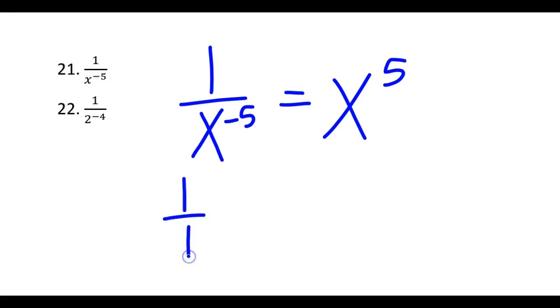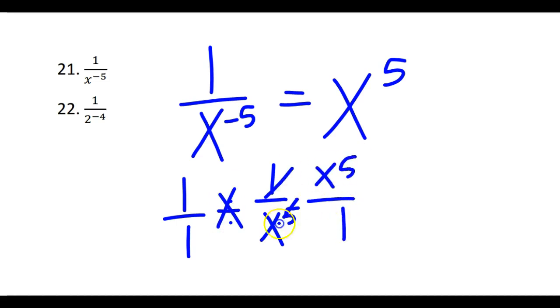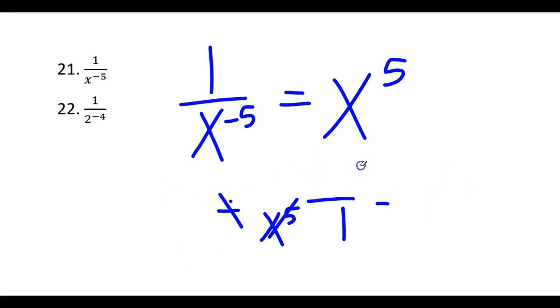If you're doing 1 divided by 1 over x to the fifth power, then that means you're going to have to flip the second number and multiply. And so you would get x to the fifth over 1, which would be x to the fifth. Yes, you got that right. So, okay, what if we're doing number 22 the same way then?